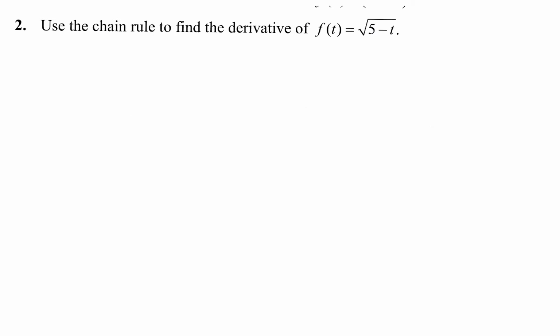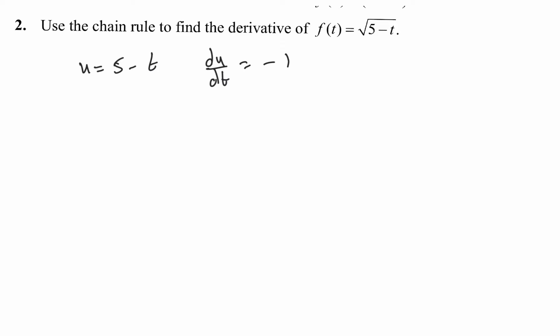Okay. Use the chain rule to find the derivative of the square root of 5 minus t. What you will do? You will say like this. If I name u equal 5 minus t, I know that the derivative of u respect to the t will be minus 1.